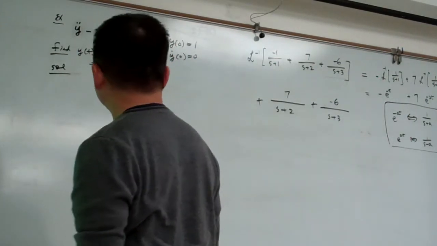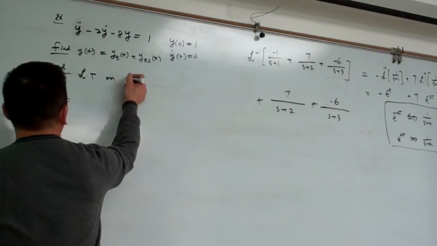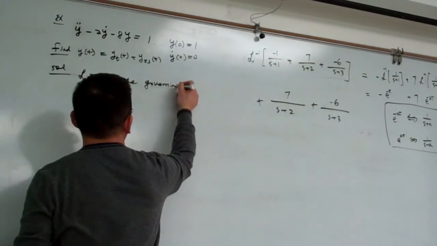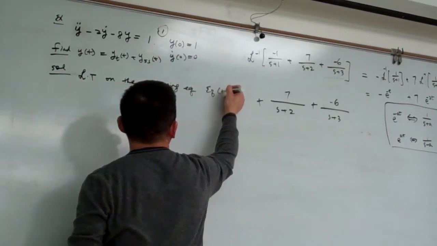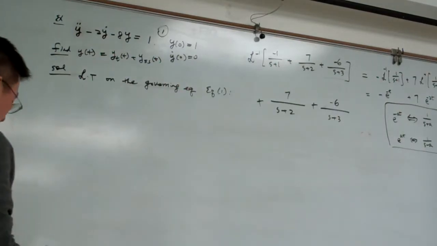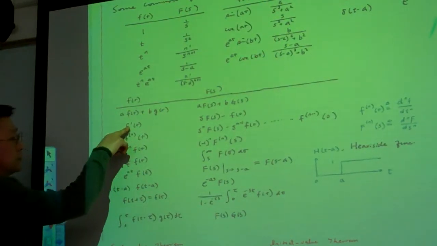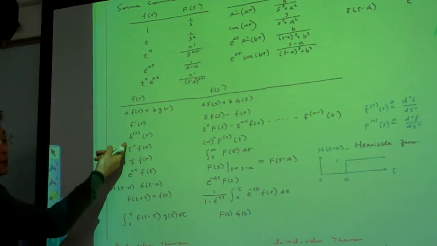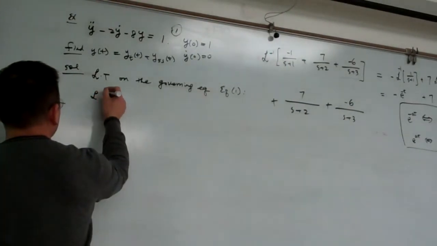To do this, first we take the Laplace transform of the governing equation, equation 1. To do that, we simply utilize the table. This is the first derivative, and this is the nth order derivative. We use these two pieces of information.